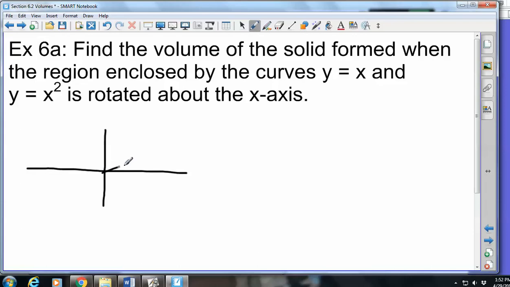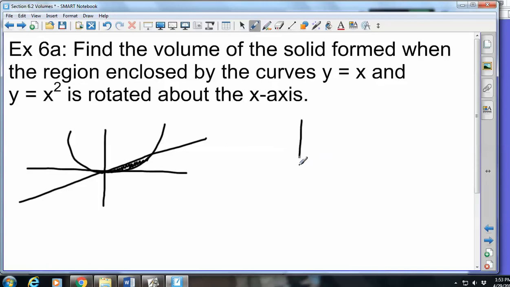y equals x is just our line. y equals x squared is a parabola. So really the relevant part, the region enclosed by these 2, is right here, isn't it?